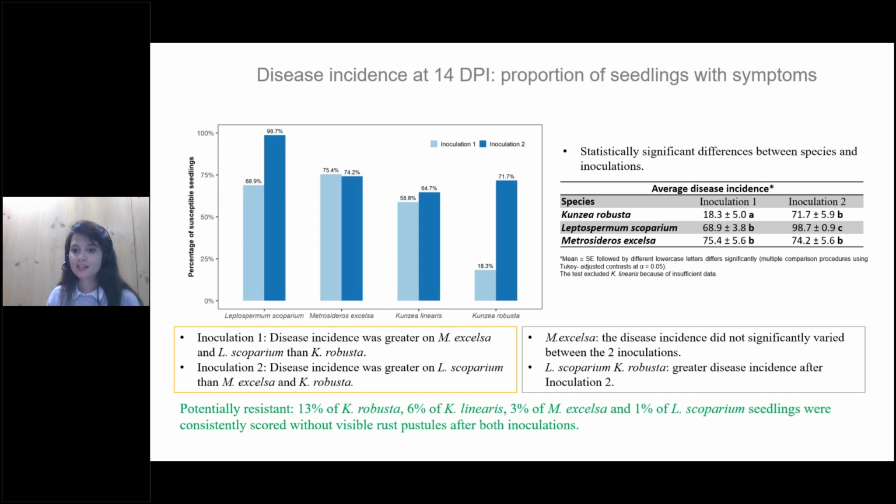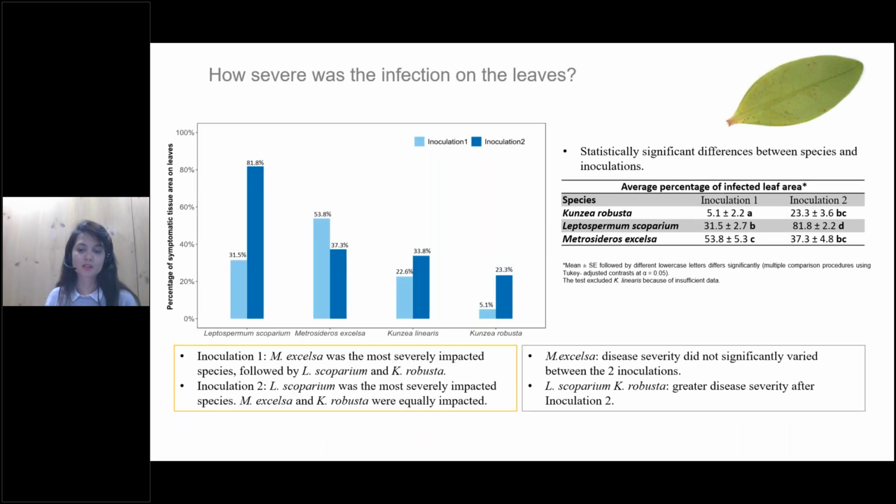It is unlikely that these seedlings would have escaped the disease twice, so they could be potentially resistant. So we have identified 30% of these seedlings in Kunzea robusta, 3% in Metrosideros excelsa, and 1% in Leptospermum scoparium.